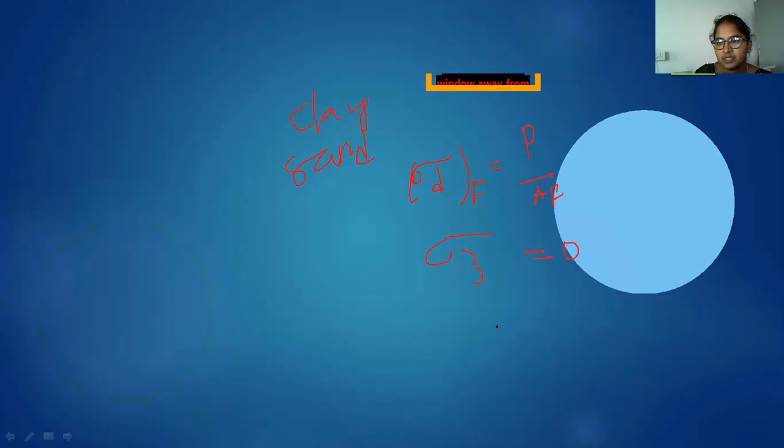Here we have the major principal stress and the minor principal stress. The other two pressures are 0.